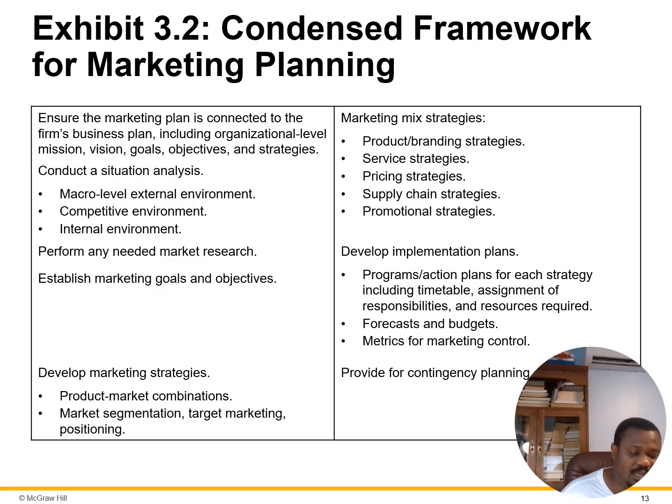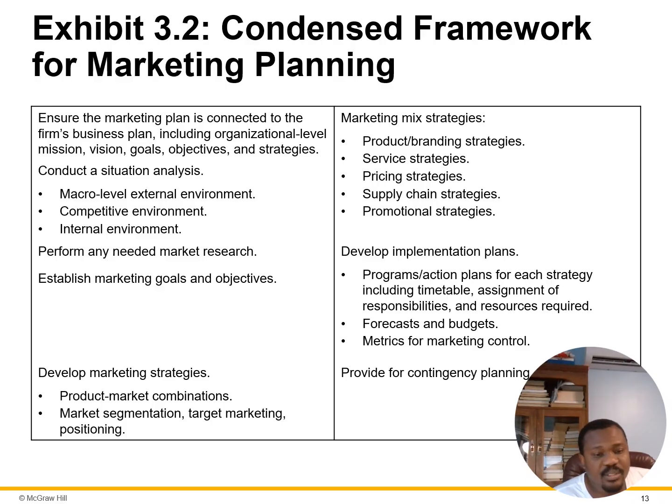That's the marketing plan, and how it can be condensed in a framework. So we have situational analysis that first goes at the macro level, competitive environment, and internal. We perform any needed market research, establish marketing goals and objectives. Now we develop marketing strategies.